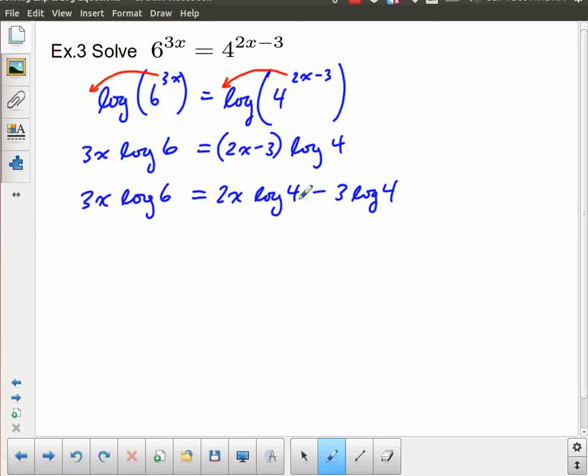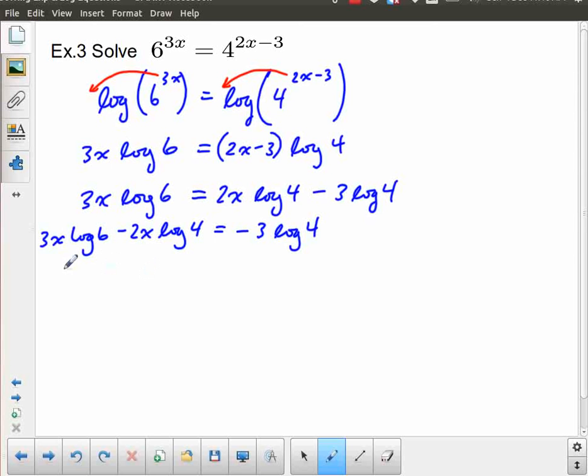And as we would typically do, we're now going to group terms. So we're going to gather together all of our x's on the left side. 3x log of 6 minus 2x log of 4 is equal to negative 3 log of 4.